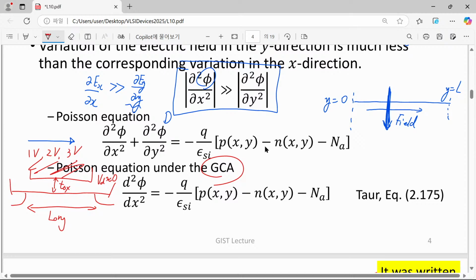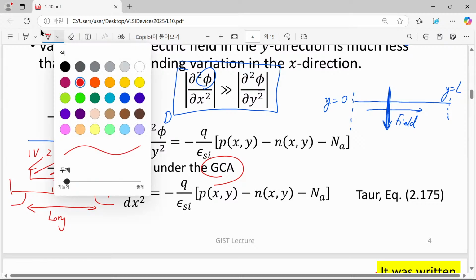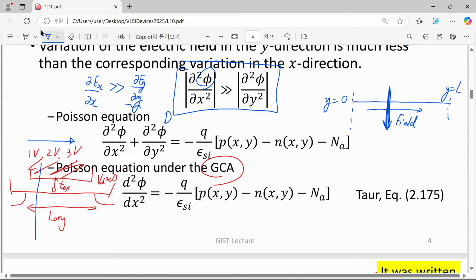So what you can expect is, in this structure, maybe we have a strong electric field in the vertical direction and a relatively small electric field along the y direction, the channel direction.